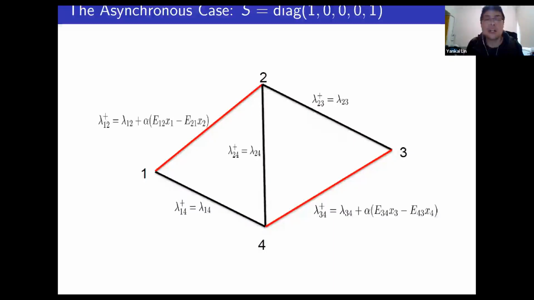So whenever you finish your computation, you can just perform the update and do your things next. You don't have to wait for others. In this case, the block diagonal matrix S becomes these diagonal elements. There are 2 ones and 3 zeros, depending on how you label the edges. So that's a rough idea of the algorithm and how the block diagonal matrix S plays a role in these algorithms.